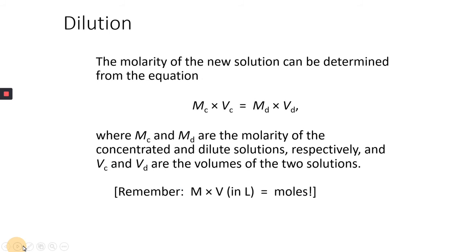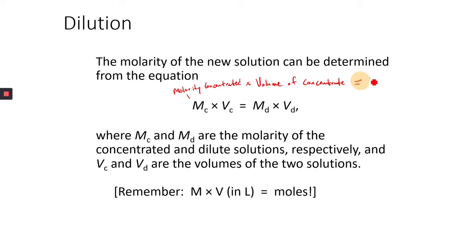So the equation for calculating a dilution is you take the molarity of the concentrated times the volume of concentrated, and that's just going to give you the moles of the concentrated, right?